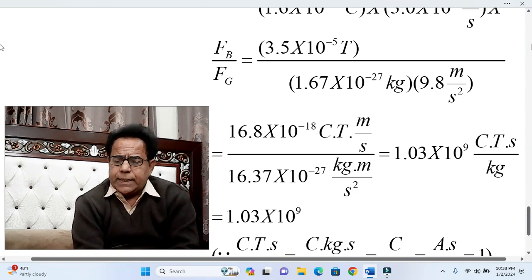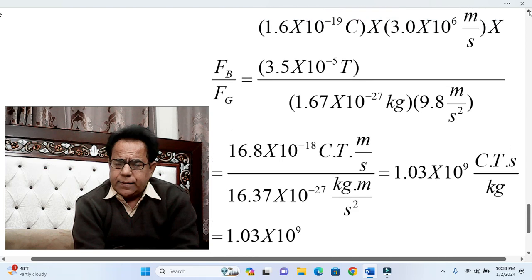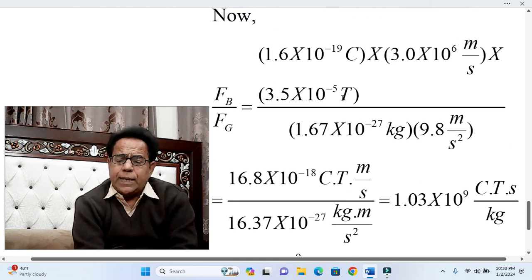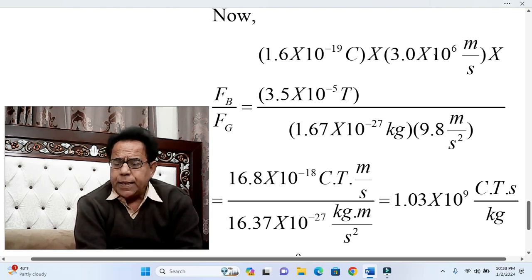the units, dear students, we see that in the numerator these units are used: coulomb, meter per second, Tesla, and in the denominator kilogram, meter per second square.